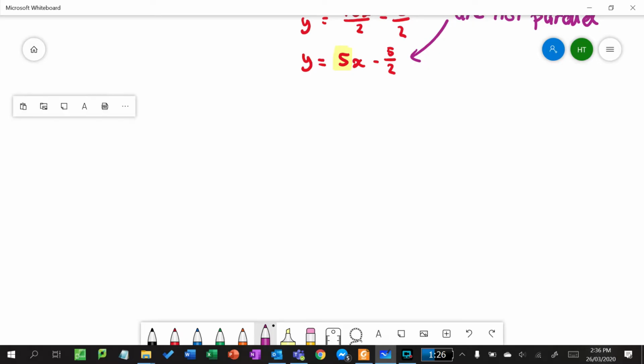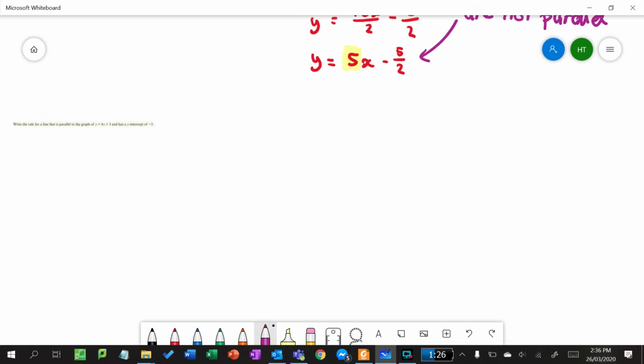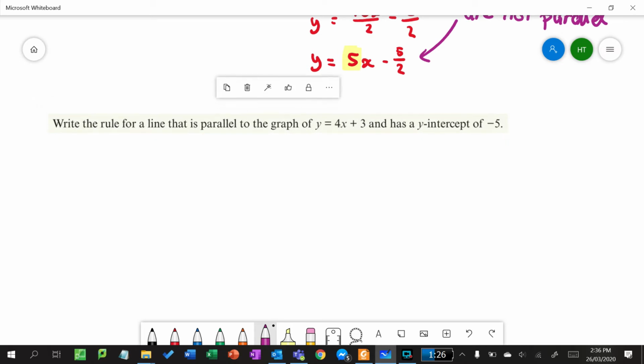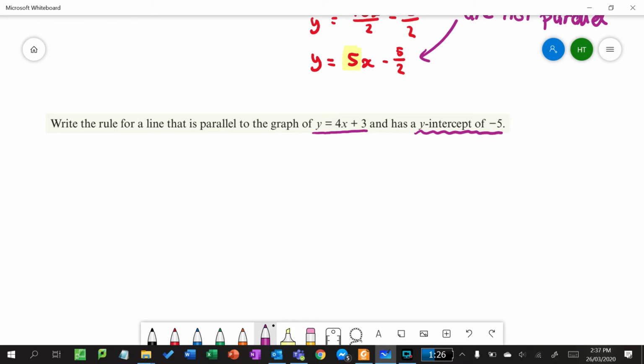Example. Let me paste the example here. The question is asking, write a rule for a line that is parallel to the graph of y equals 4x plus 3 and has a y-intercept of negative 5. Parallel means the gradient has to be the same, and the gradient for this graph here is 4.